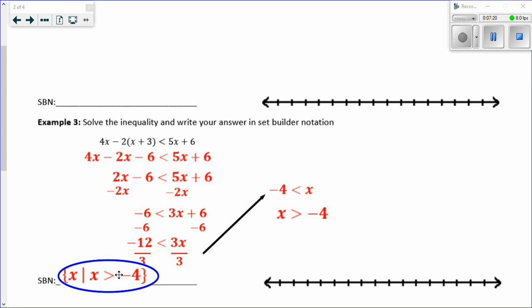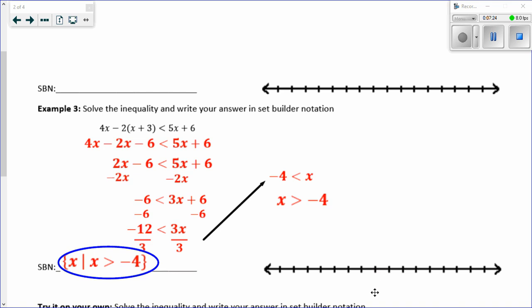That's my set builder notation and everything. So now I just need to go ahead and graph it. So I'm going to do -4 first, right there, and I number some stuff. Anyway, just number it out. And then I'm going to do an open circle this time because it's not equal to.